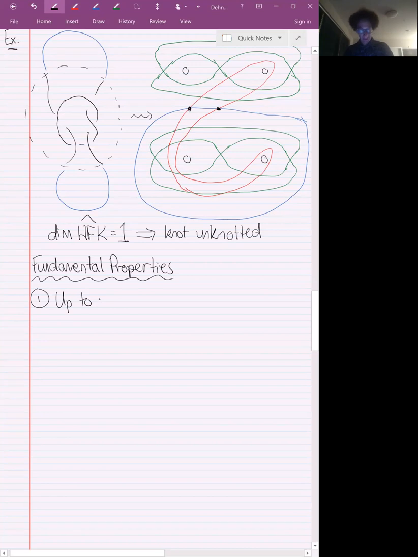So I'll say it this way: up to reparametrization. Remember, reparametrization just means applying some automorphism to the 4-punctured sphere. So it's basically like doing some Dehn twists along these punctures. So up to reparametrization, every component has a very simple form.